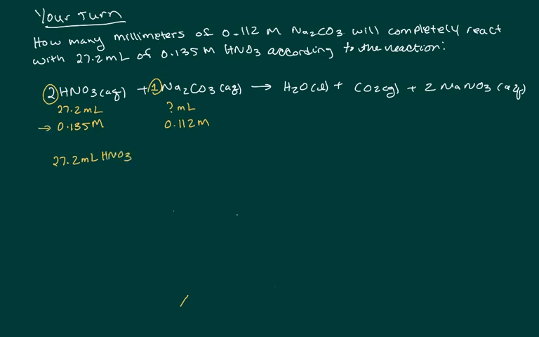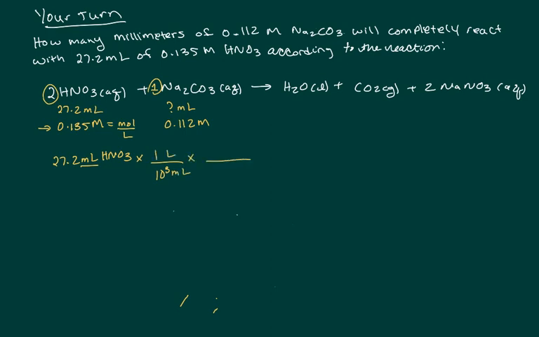Then we are going to use the molarity as our conversion factor, because molarity is moles per liter. But our value is in milliliters. So let's go ahead and convert this into liters in order to use this conversion factor. So for every 1,000 mils, I have 1 liter.